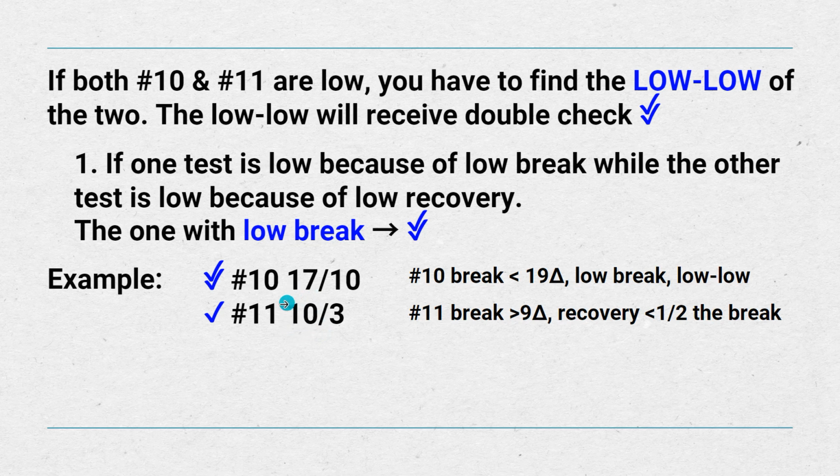Naa sa expected iya break. That is why number 11 break is greater than 9. And recovery is lesser than one half the break. Mao nang nakapa-low niya ang ubos niya nga recovery. Because ang recovery nga rin, ang 3. Ang one half the break is ang 10 over 2 or 5.